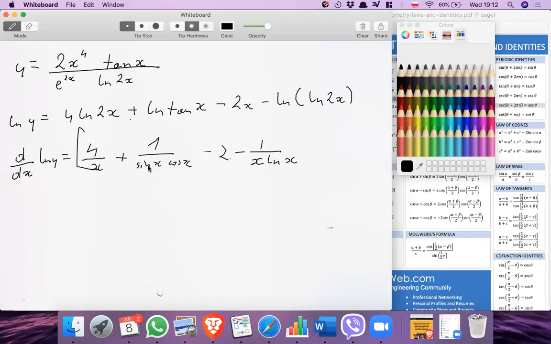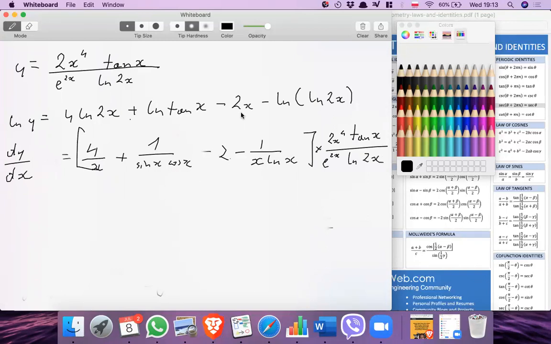So that's d/dx of the natural log of y, and to get to dy/dx, we just need to multiply it by the original function, which is 2x to the power of 4 tan of x, all over e to the power of 2x and natural log of 2x.